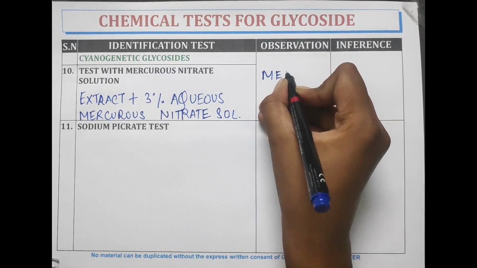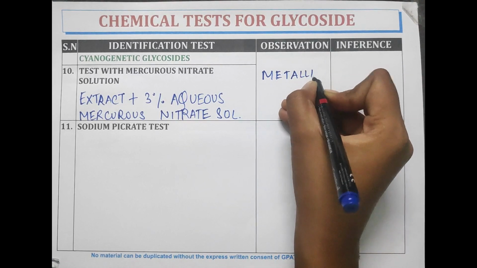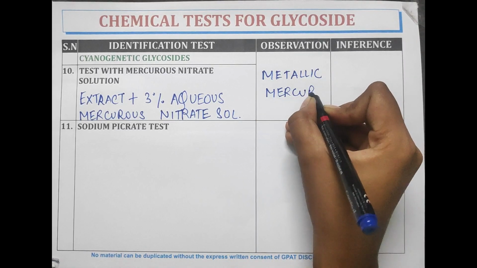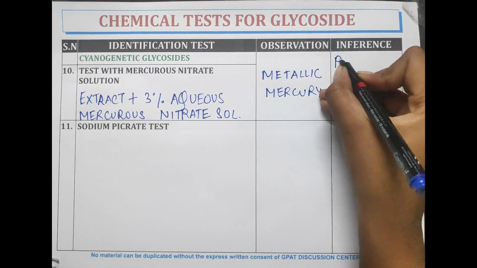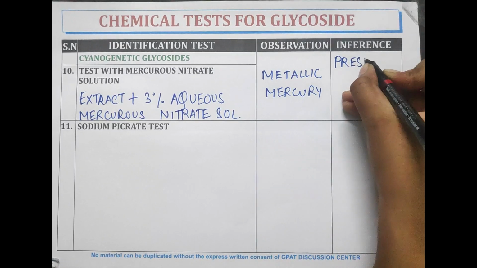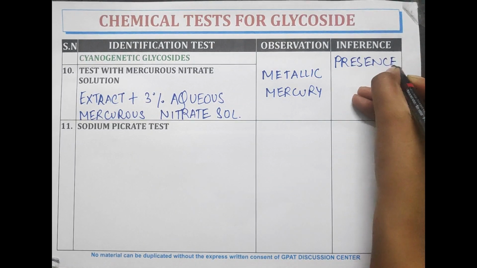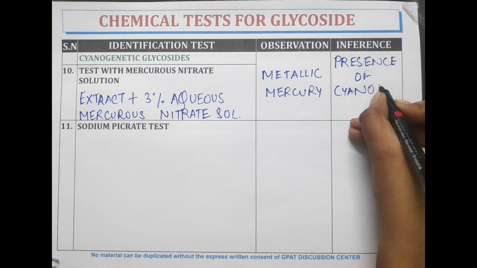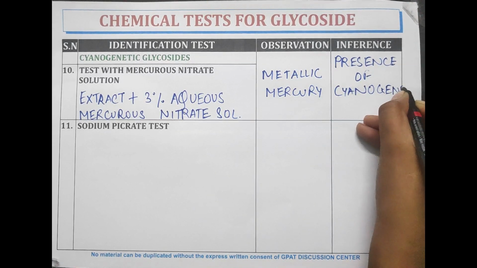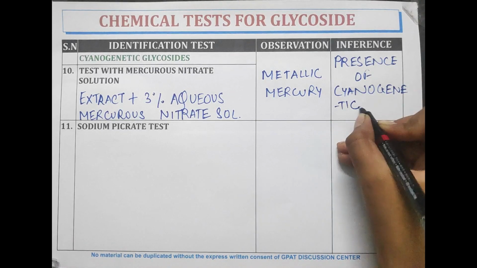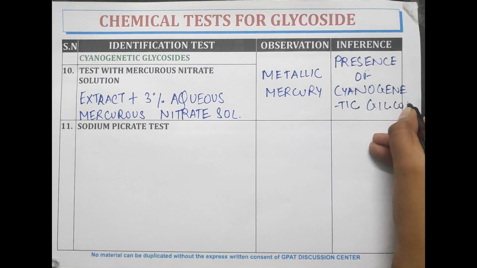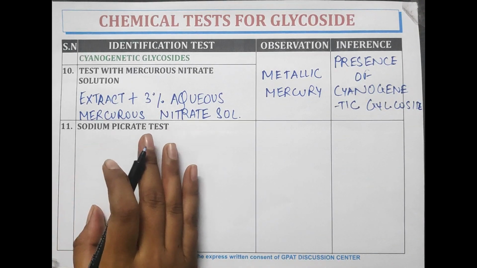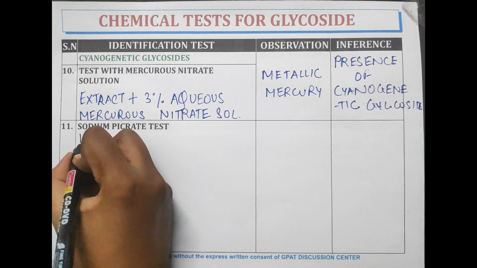It gives metallic mercury, indicating presence of cyanogenetic glycoside. Another test is sodium picrate test.